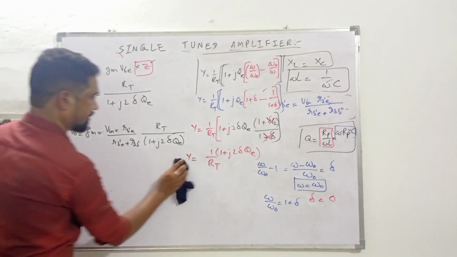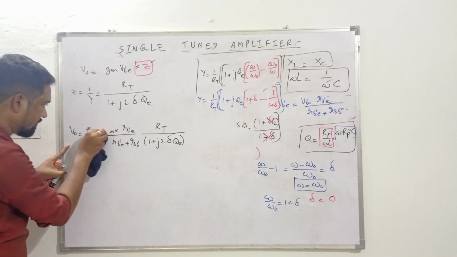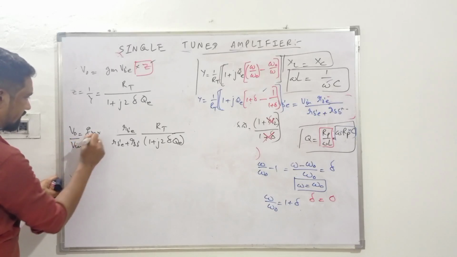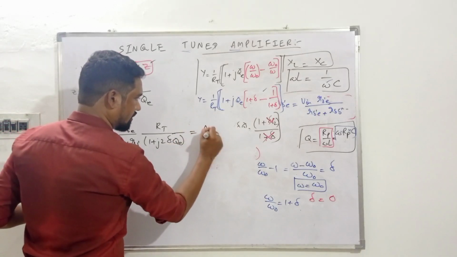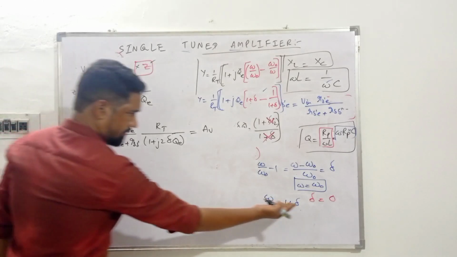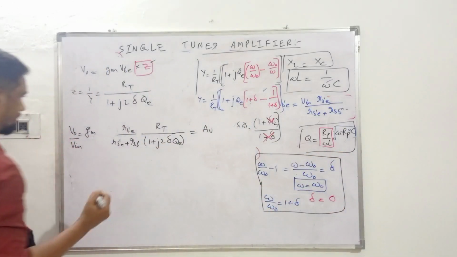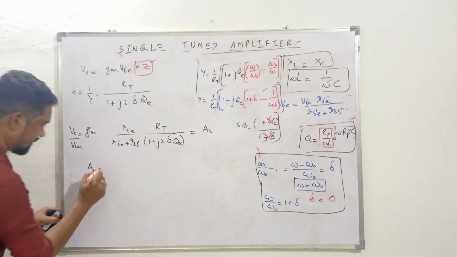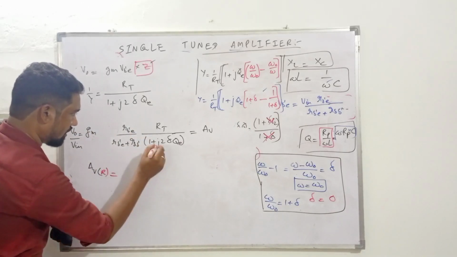So we are in search of that ratio. Which ratio? We are in search of the valid ratio, which will be V naught by V in. These are all getting multiplied, isn't it? So V naught by V in, what is that? AV, voltage gain, AV, right? And there is a condition at resonance, I repeat, at resonance the del will be equal to 0, in the sense AV at resonance, the equation has a transformation, this will be 0.